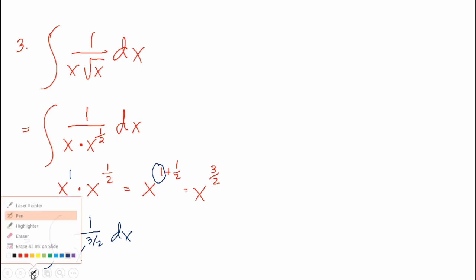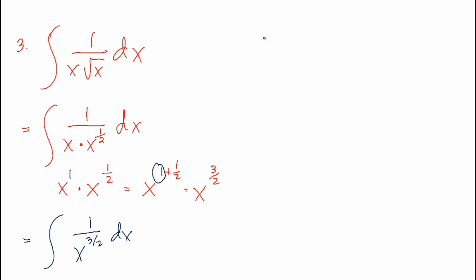So, after rewriting our function, we can now integrate it. This is x raised to 3/2 in your denominator, so we will transfer this one to our numerator. If you transfer a function from the denominator to your numerator, the exponent will become negative.